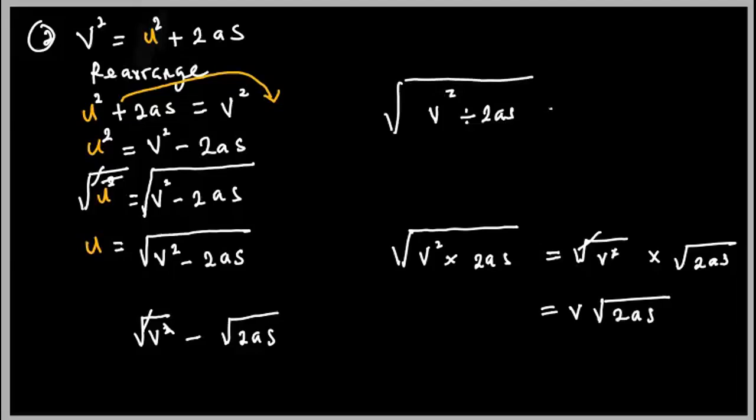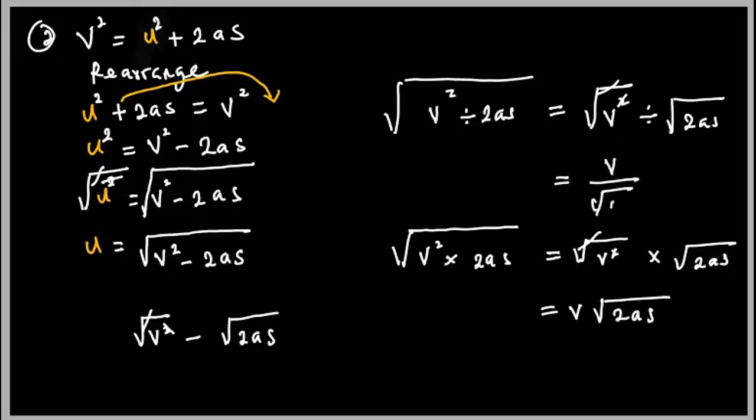It's still with us: the square root of V squared divided by the square root of 2AS, where the square cancels the square root, and I have V divided by the square root of 2AS.